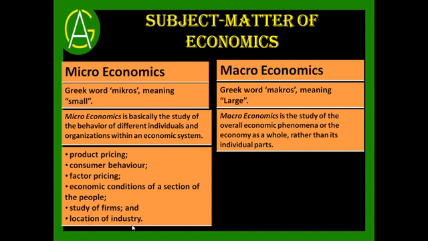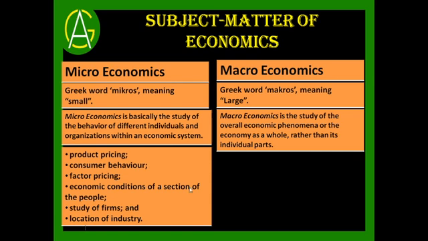Then location of an industry, industry is a small aspect as compared to the whole economy. So when we are studying the location or place of the particular industry, it will also be in the microeconomics.